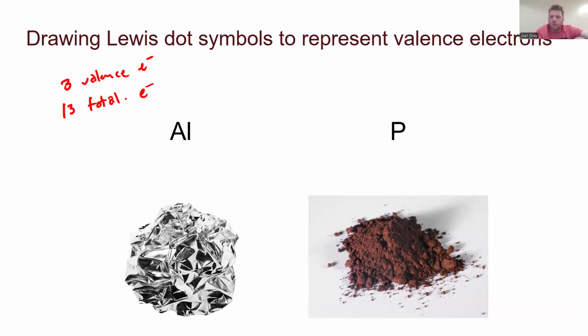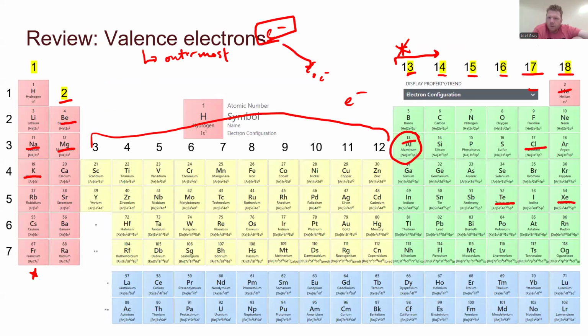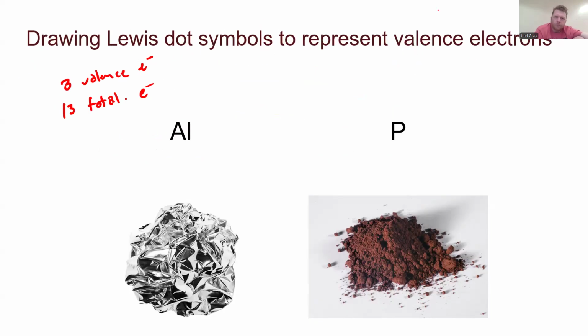Okay. Now phosphorus. Phosphorus is right here. Phosphorus has 5 valence electrons and 15 total.